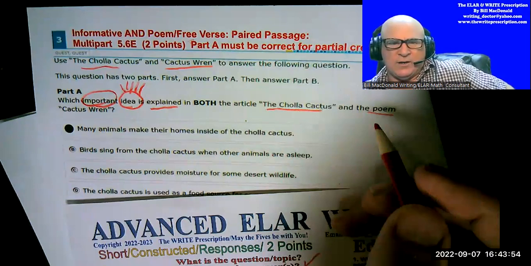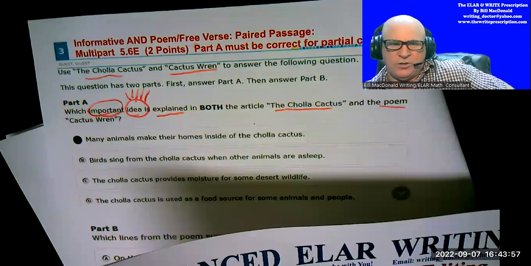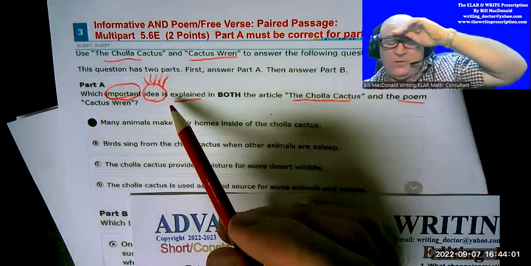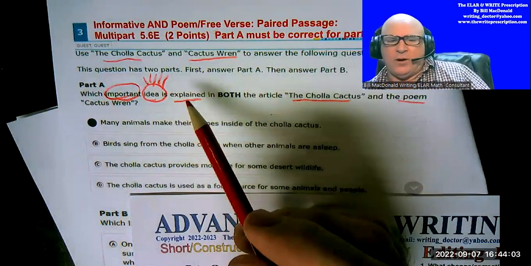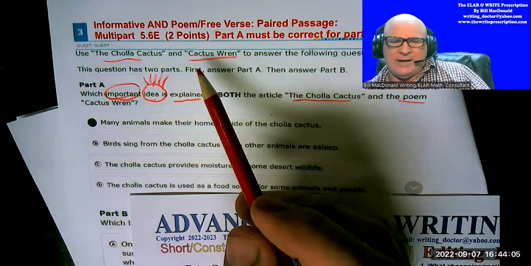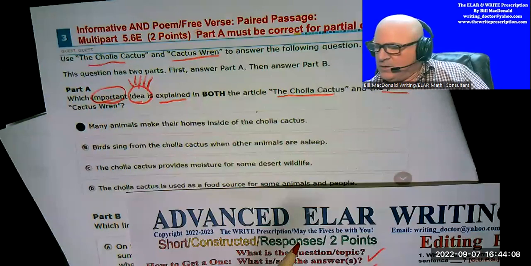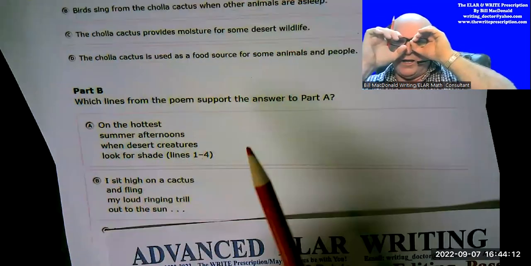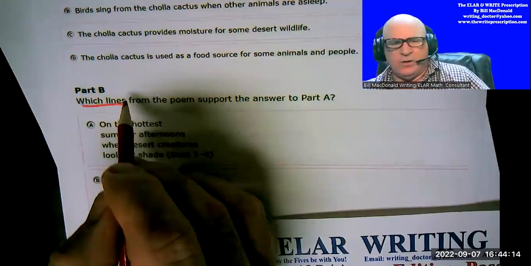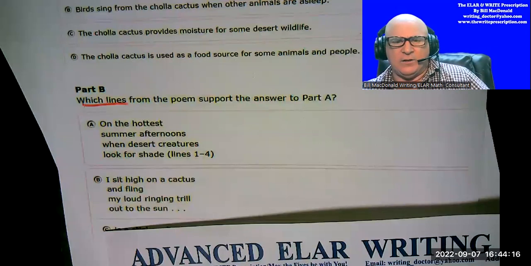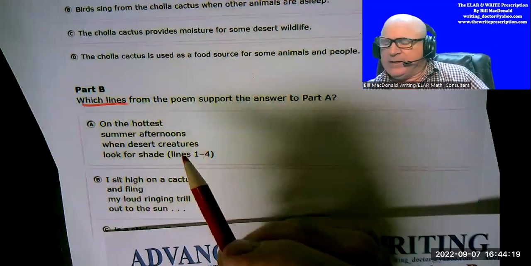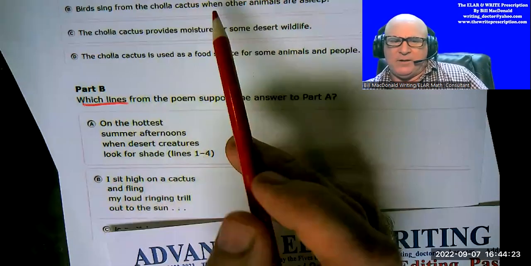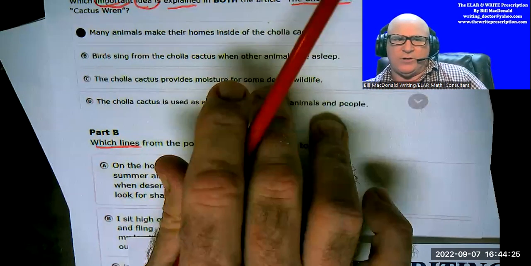So what they're teaching your students to do is first answer the question for part A, and then for part B, because it relies on the text evidence, basically which lines, that's the where part, where can you prove it, and it shows the evidence and the location. So basically, it's a glorified way of doing short answer, except the answers are already written for your students.